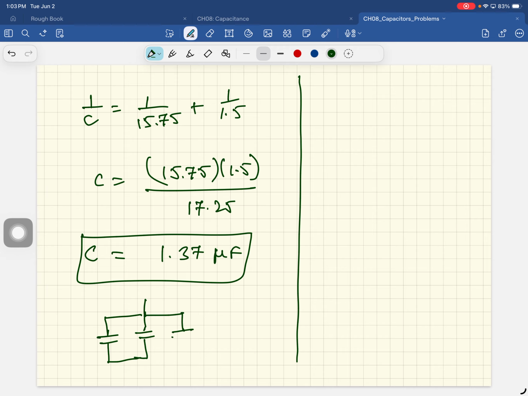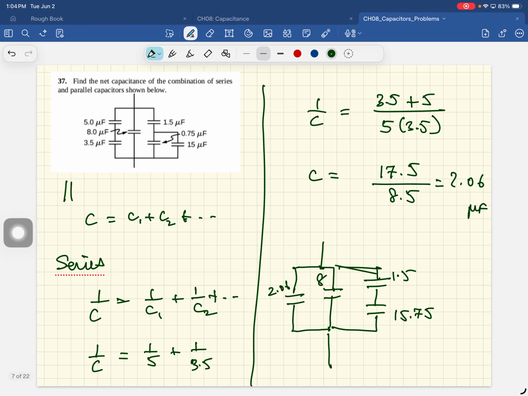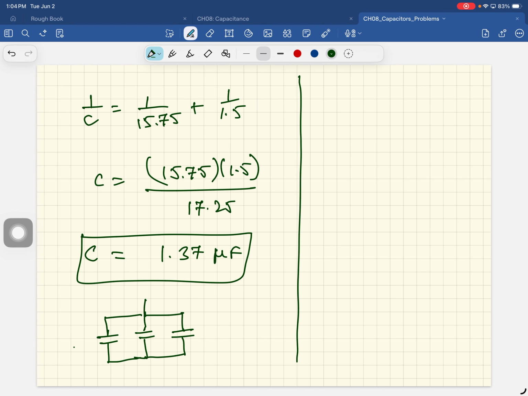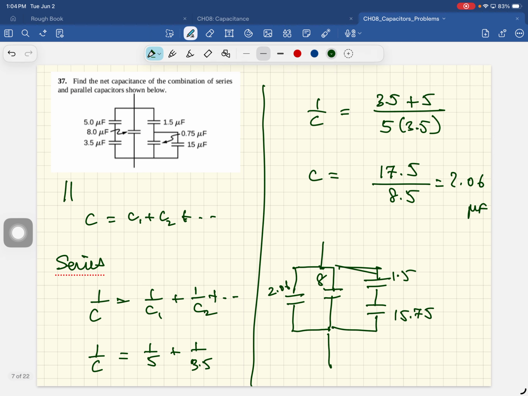So now let's find that single capacitance. So this is a 1.33 microfarad capacitor. Now we can calculate the charge on that.